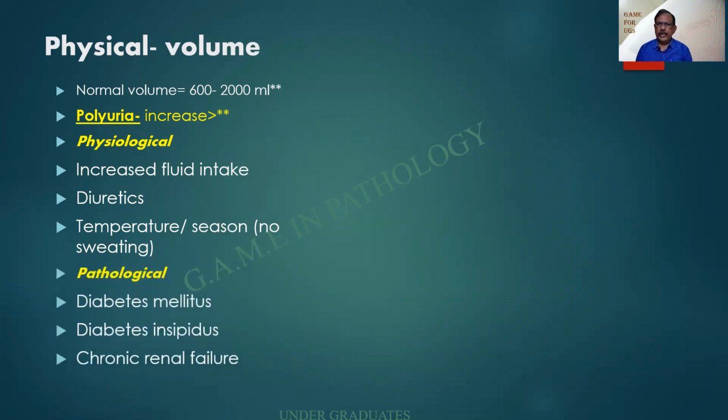There can be pathological causes also, such as diabetes mellitus, diabetes insipidus, and chronic renal failure. In renal failure, you might think that there will be no urinary output, but there will be a stage of oliguria and a stage of polyuria as well.